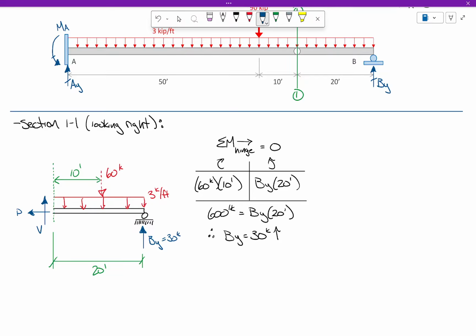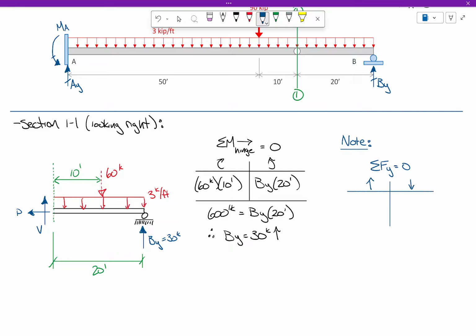So let's do this. Okay, so let's sum forces in the y direction. What do I have going up? I have V, and I have Vy equals 30 kips, right?